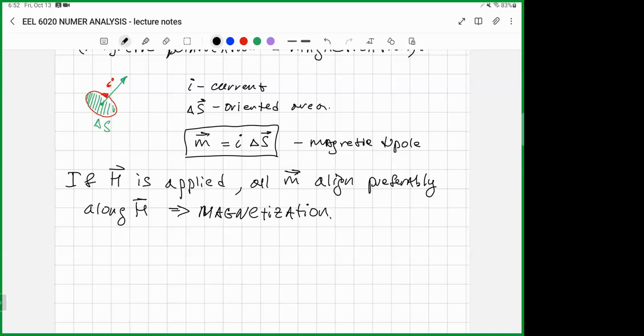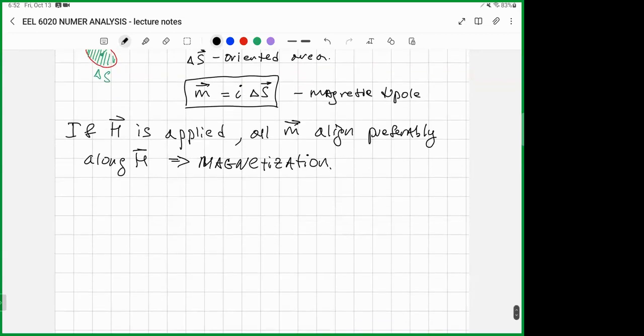And of course, if we have a system of N capital atoms like this, we've got the M capital, which is magnetization. M capital magnetization is equal to N times m small.